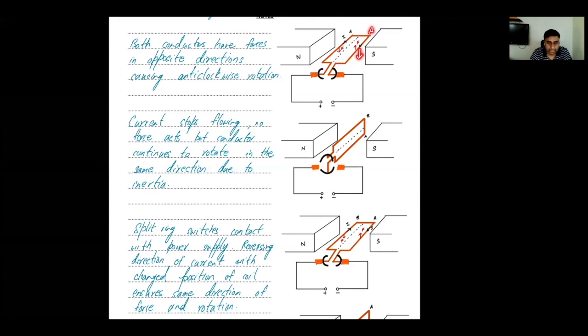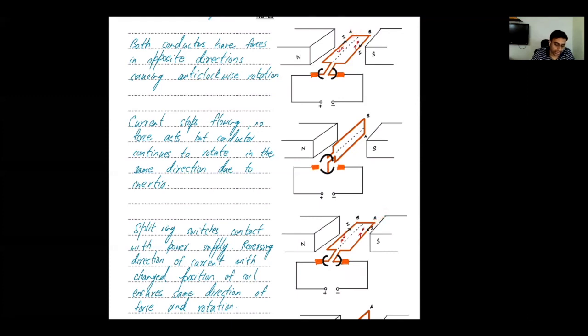And which is why you use the split ring commutator. The whole structure is to make sure that when conductor A moves from left-hand side to the right-hand side, it also switches contact with the battery. And since it switches contact with the battery of the power supply, the direction of current in conductor A would reverse.